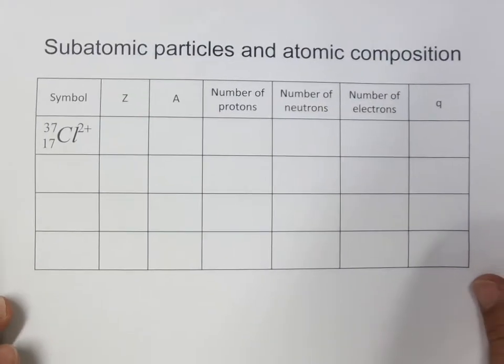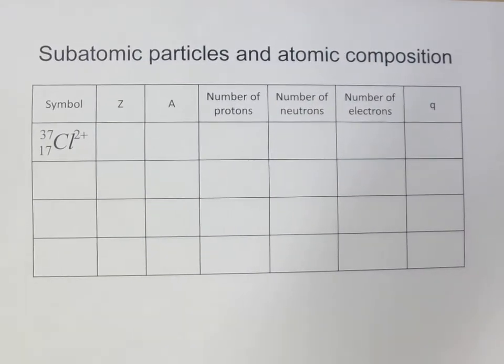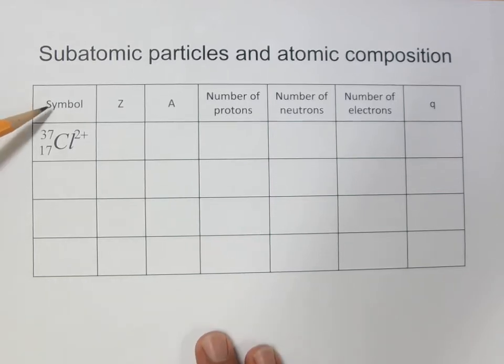So one of my favorite little exercises here, and it's a good problem for exams and quizzes, is a little summary of the things that go into the subatomic particles and atomic composition. So we have an element symbol here, and this is the fully dressed up atomic symbol with the element symbol chlorine, Cl, that identifies it on the periodic table.